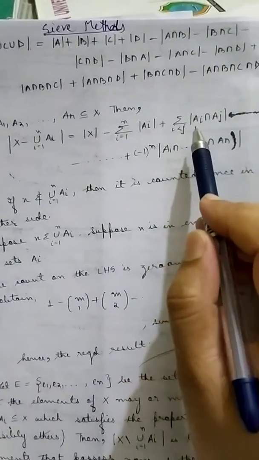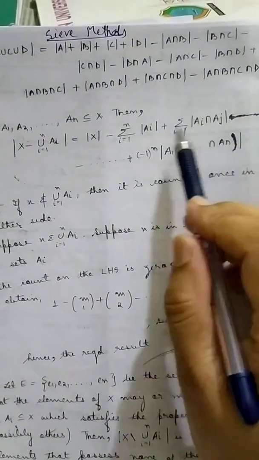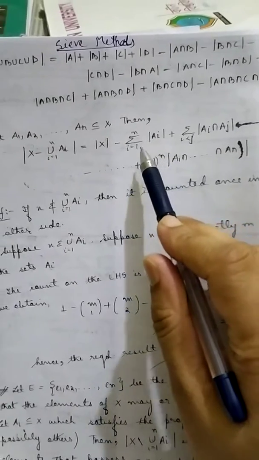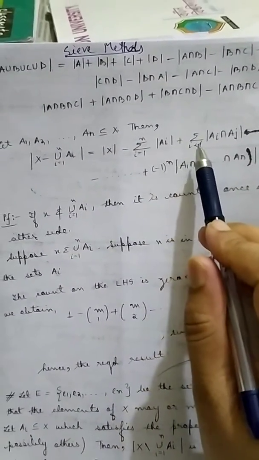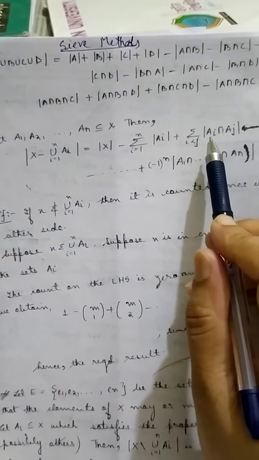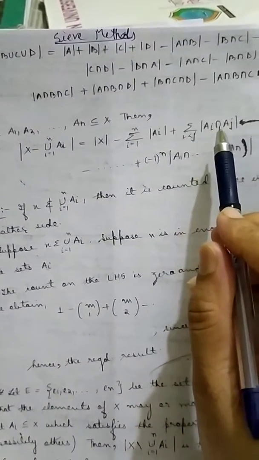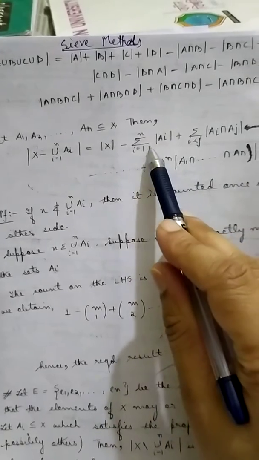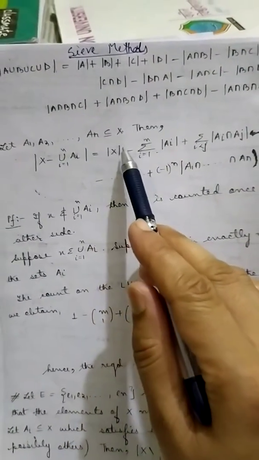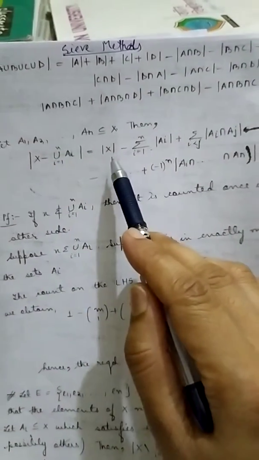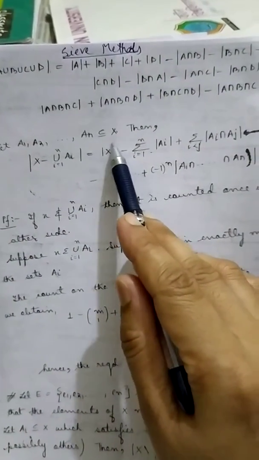Similarly, it is not a member of these intersections, because X does not belong to Ai for any i, so it is not possible that X belongs to Ai intersection Aj. We have counted X once for this part only.